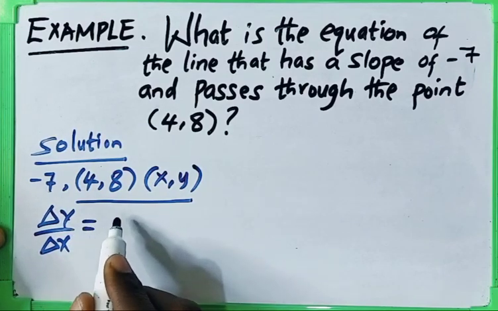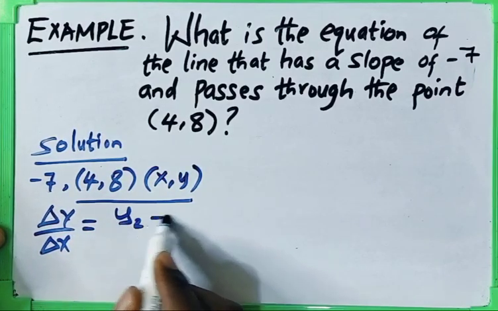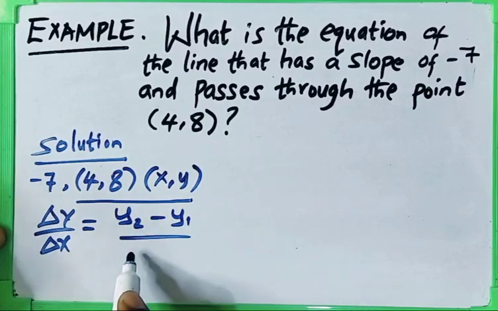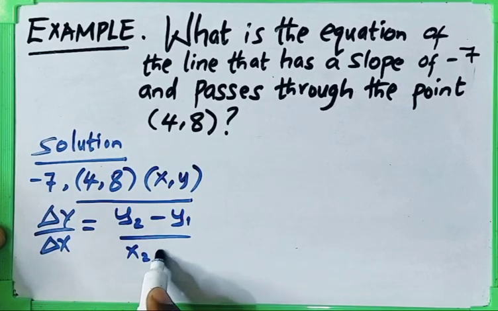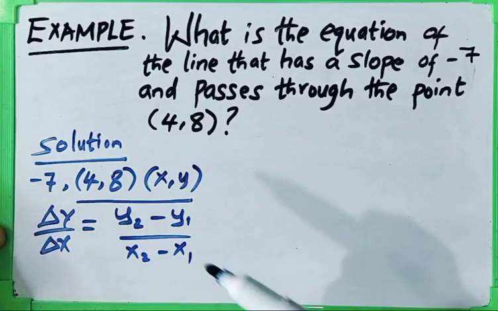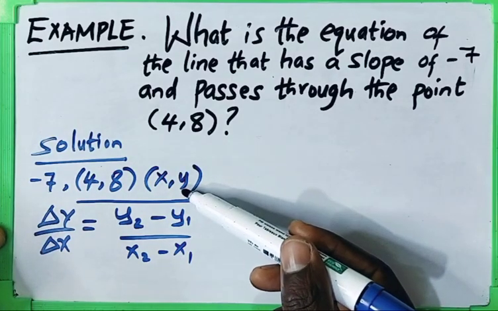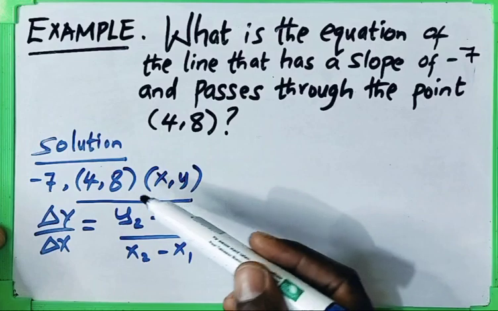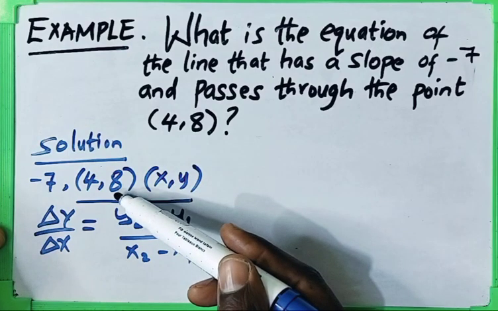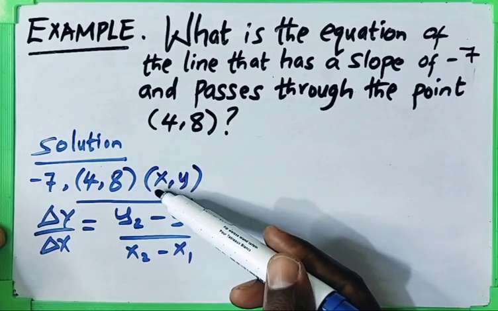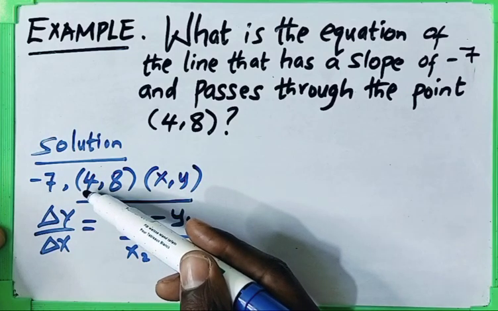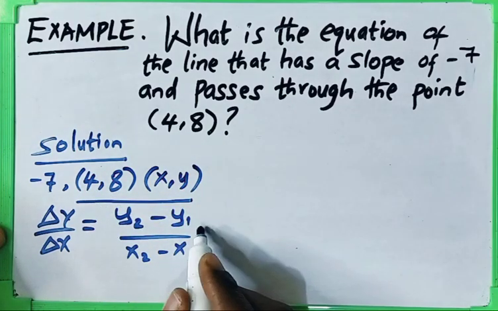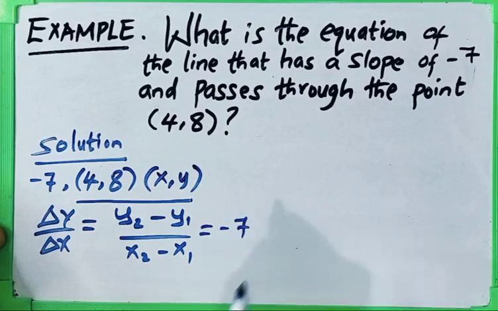Remember, the formula for the slope, we said, is change in y over change in x. That is to say, y2 minus y1 over x2 minus x1. The second y is what we are calling y2, and then the 8 is y1. x2 is here, and 4 is x1. So we are looking for the slope, which is -7.